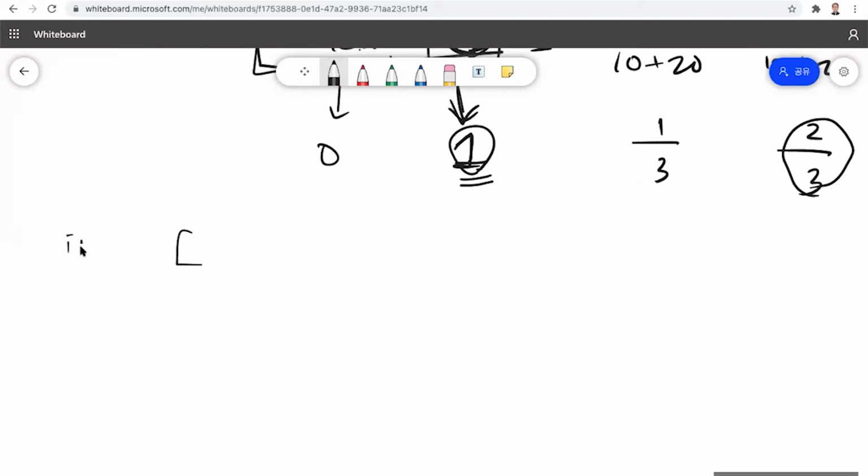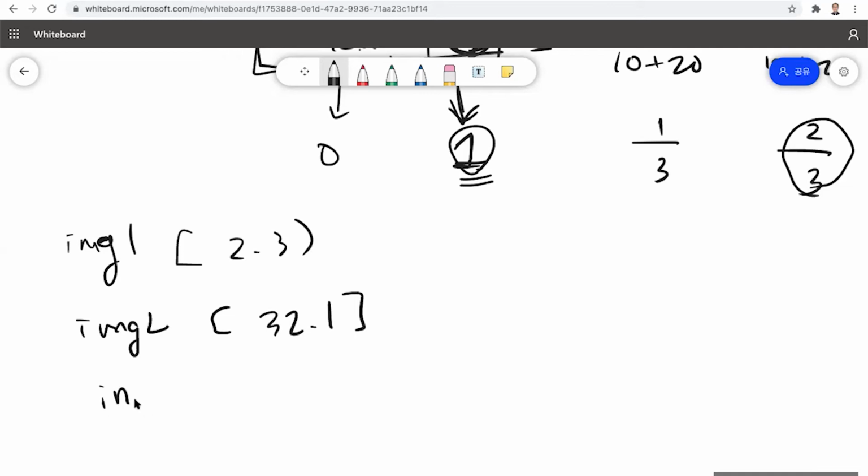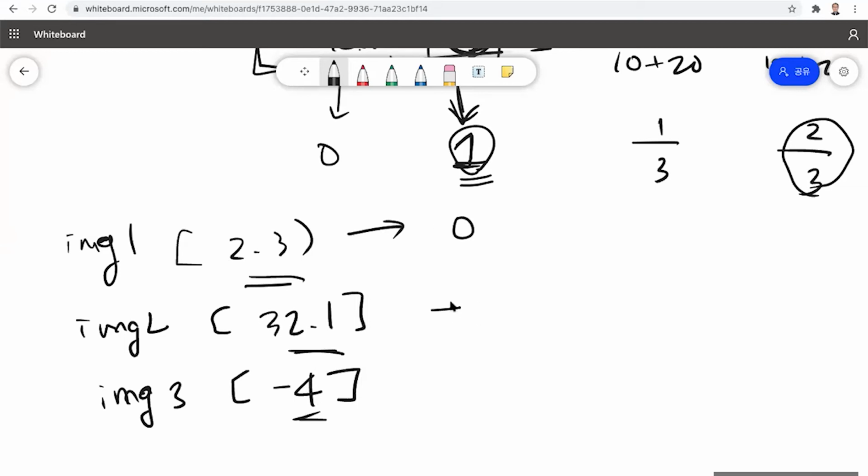For image 1, it gives you 2.3. For image 2, it gives you 32.1. And for image 3, it gives you -4. And by just looking at these numbers, it's very hard to tell whether it belongs to class 0, class 2, or class 9.